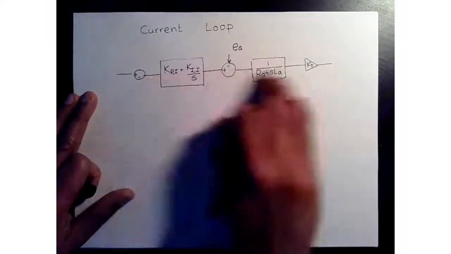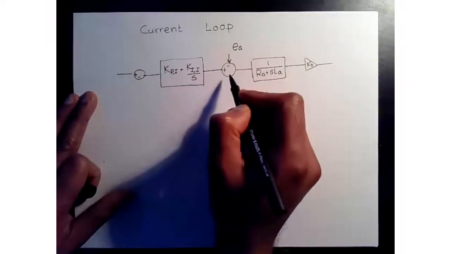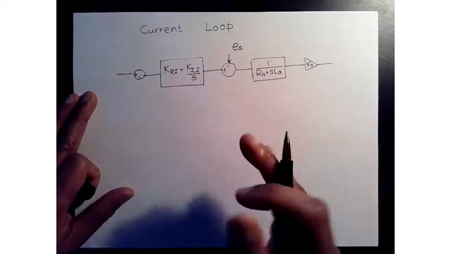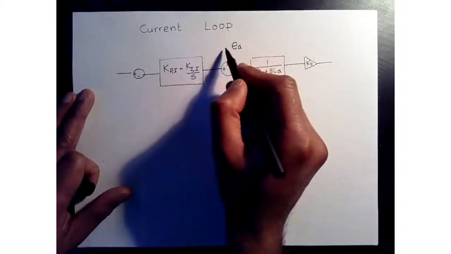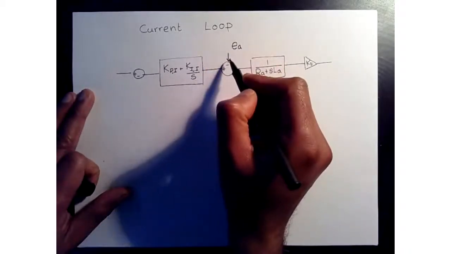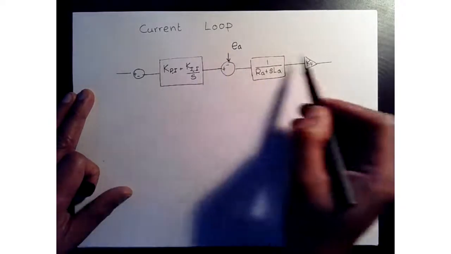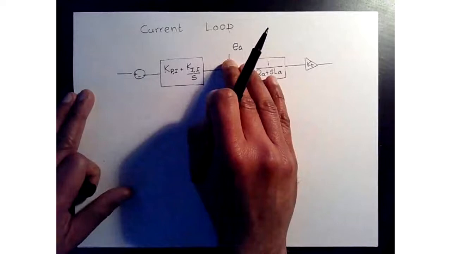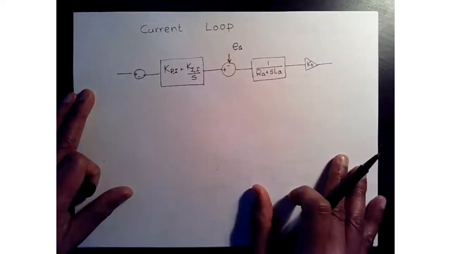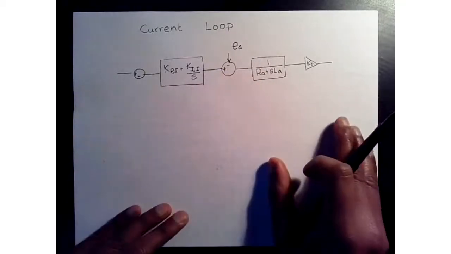Since this is a linear system, with a summation or subtraction, based on superposition we can omit the disturbance, get rid of that back EMF term, design our controller, and then add the disturbance back in, and it won't have any effect within a certain criteria of operation.